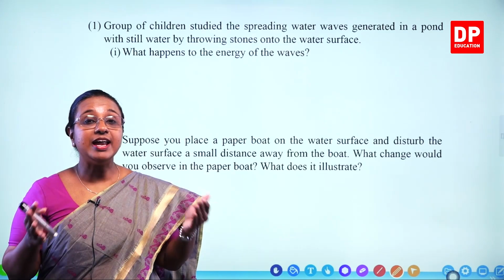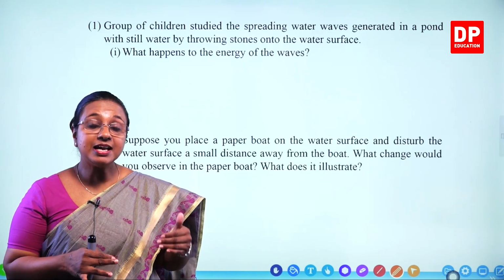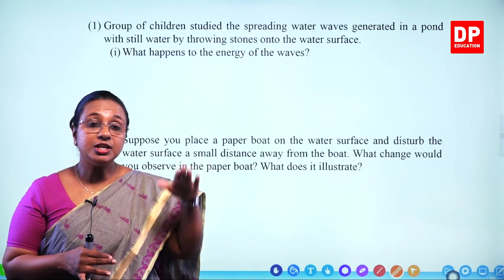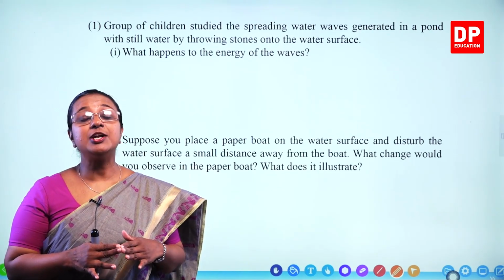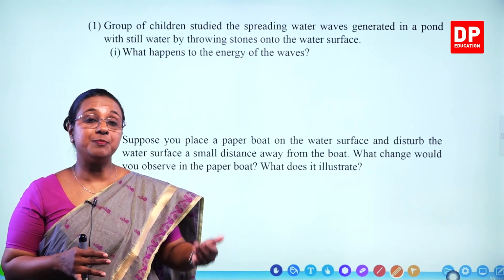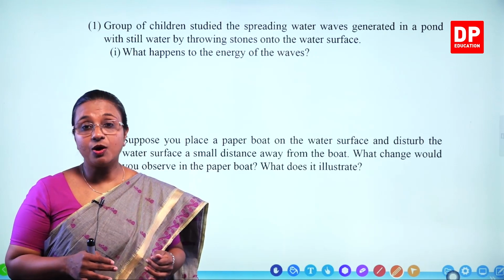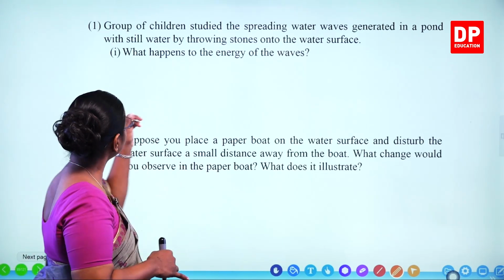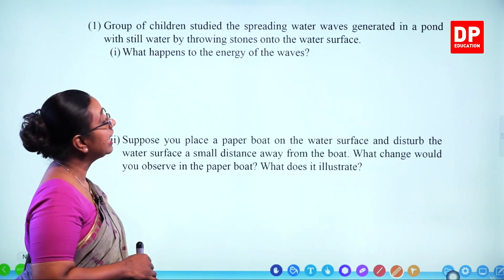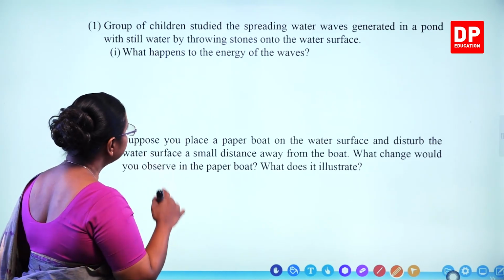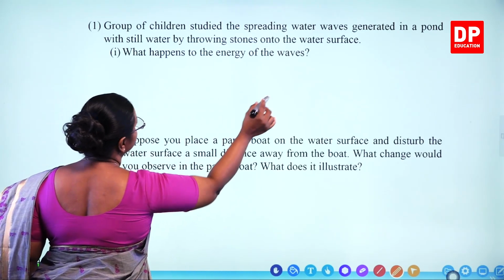And you know, when waves propagate, kinetic energy due to the vibration or the movement of particles of the medium is transmitted along with the wave. So, what happens to the energy of the waves? It gets transmitted with the wave.